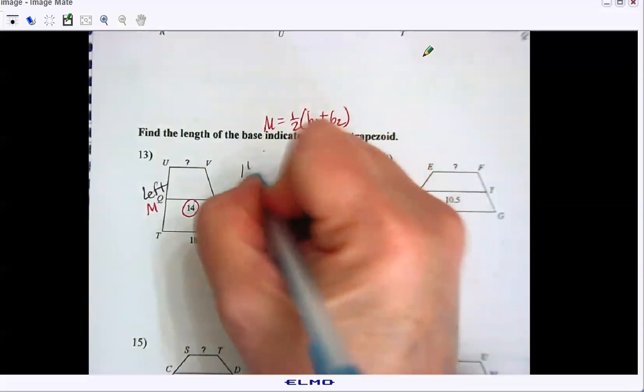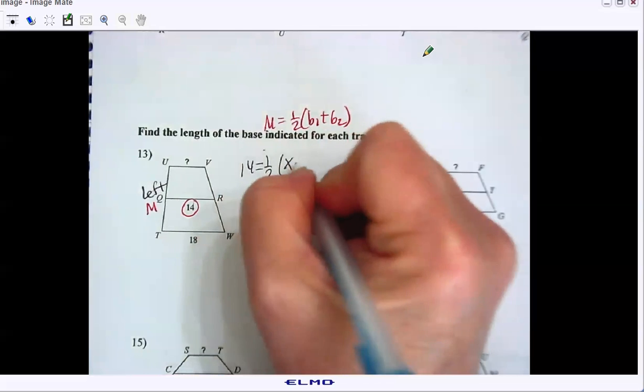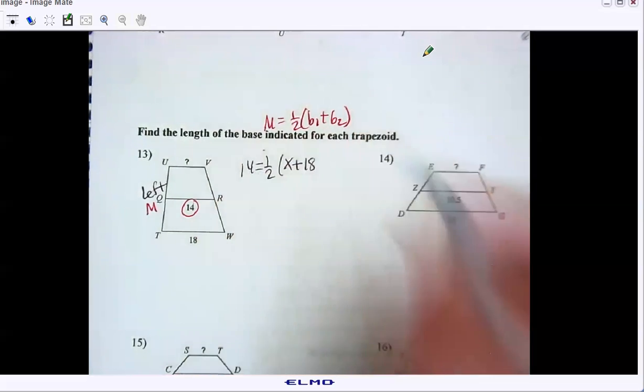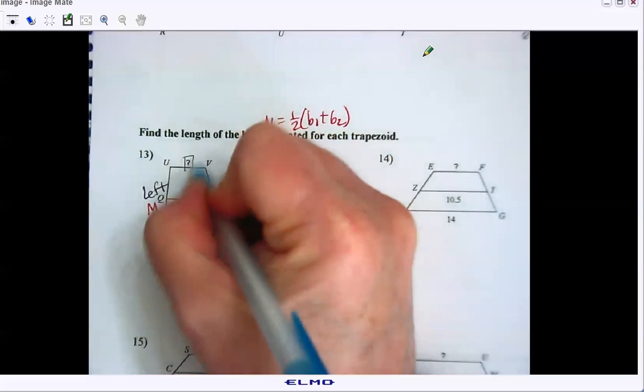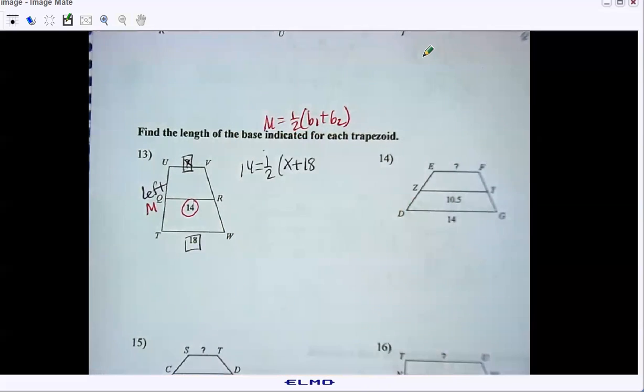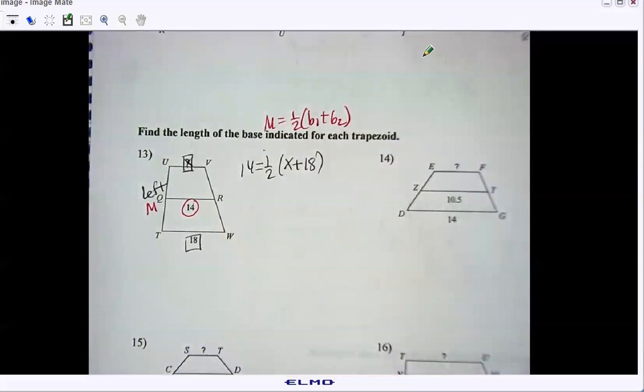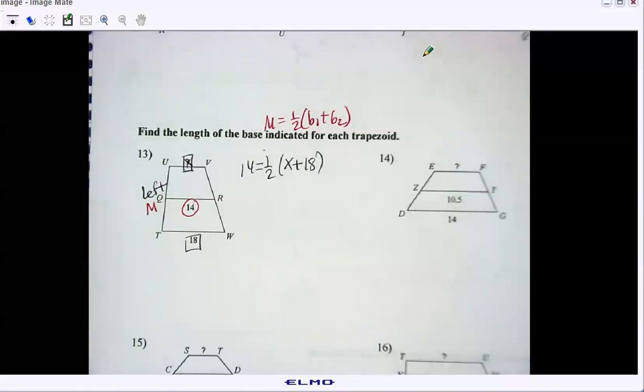So we're going to have 14 is equal to 1/2 x plus 18. So these are the two that go inside. Now remember, we don't like that fraction hanging around, so we're going to get rid of it. So what do we do to get rid of it? Multiply it by 2.